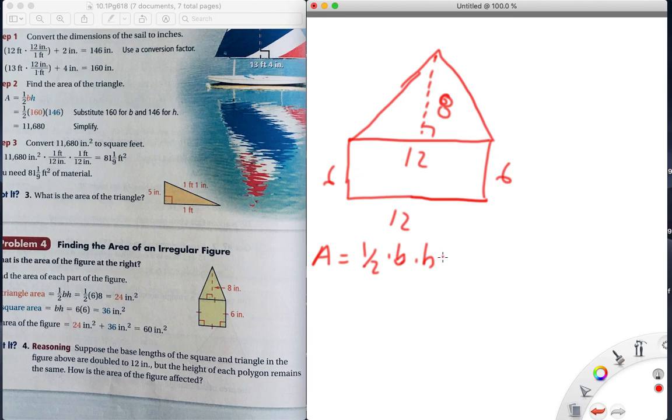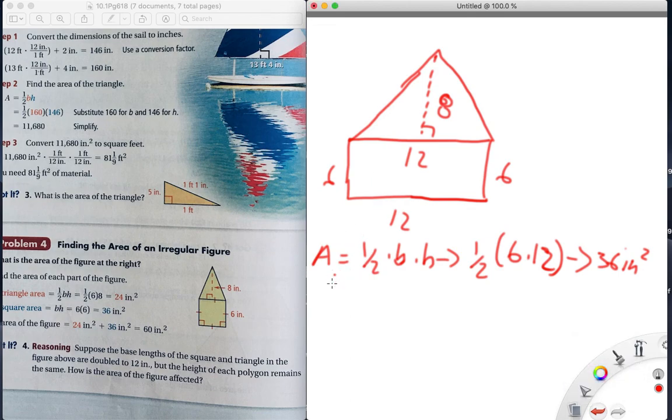In this case, it's going to be 1/2 times 6 times 12, which is 1/2 of 72. And then 1/2 of 72 is 36. So it's 36 inches squared.